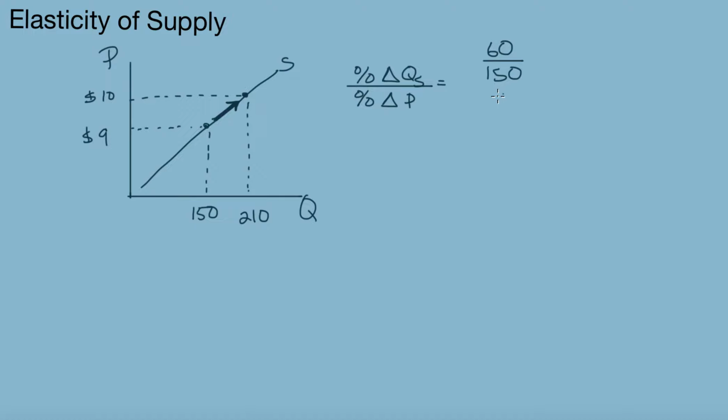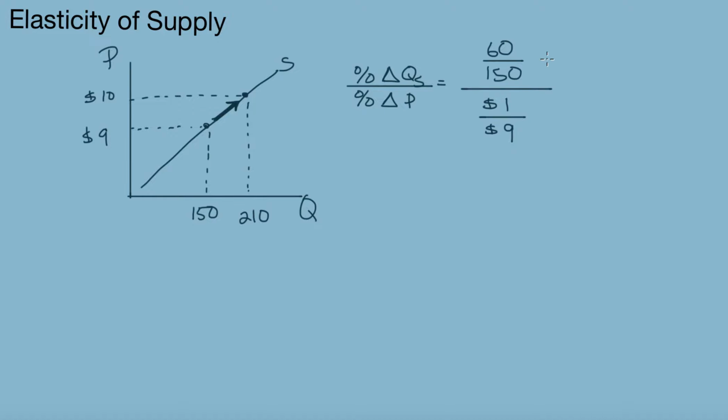If we are looking at the change in price, it's a $1 change, and we divide by our original price, which is $9.